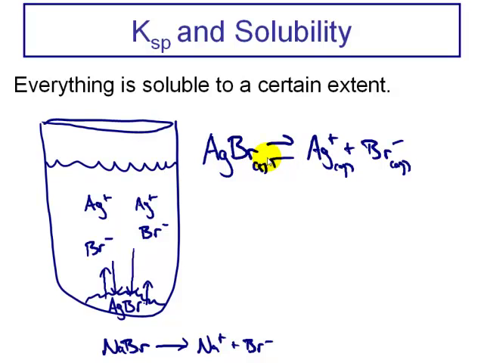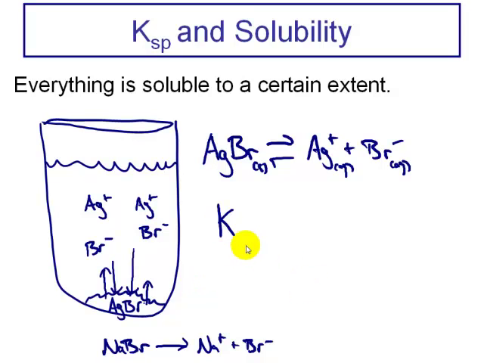And because this is an equilibrium process, we could describe it using an equilibrium constant, okay? So we're going to write an expression for K, which is the equilibrium constant for that reaction. Now, because here we're talking about solubility, just like with acids, when we talked about acid dissociation, we used a subscript of A to specify Ka was the ionization constant for an acid, and with a base, we put a B as a subscript to specify that's the ionization constant for a base.